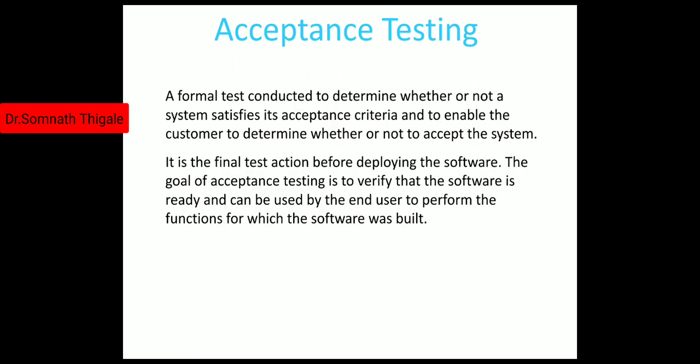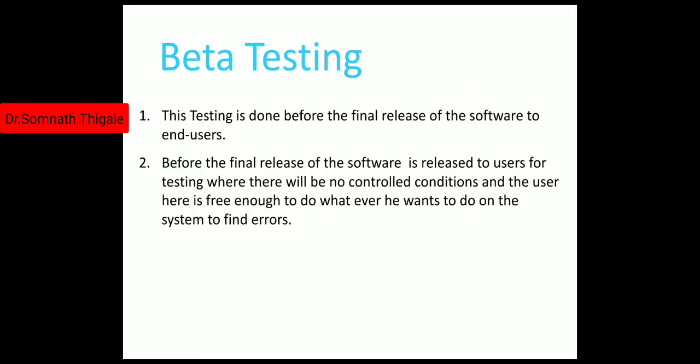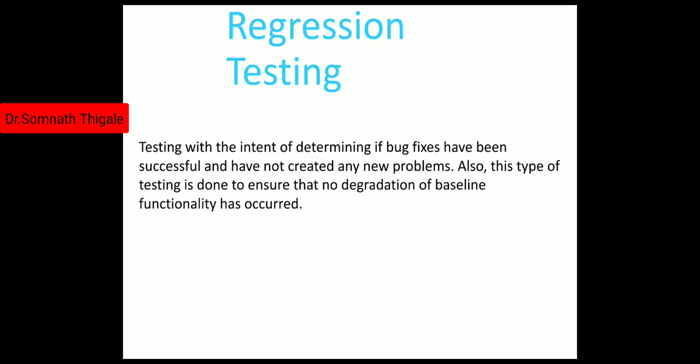That is, before accepting the product you perform the testing. It is known as acceptance testing. And if you perform the testing at the shop, at the vendor's site, we call it what? Alpha testing. And if that person comes to your side and gives a demonstration of it, we call it what? Beta testing.